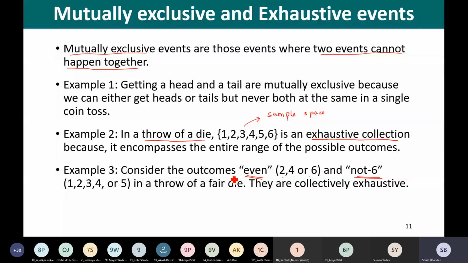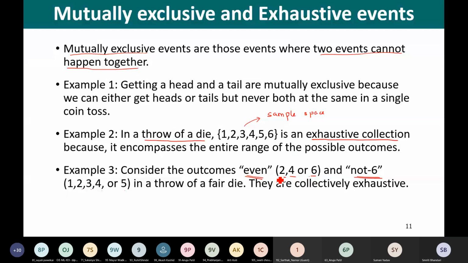Right? And now, with respect to throwing of a fair die, if I consider two different events, say getting an even number and getting not 6. For getting an even number, my subspace includes 2, 4 and 6. Right? And if my event is not 6, then my subspace includes 1, 2, 3, 4 and 5.